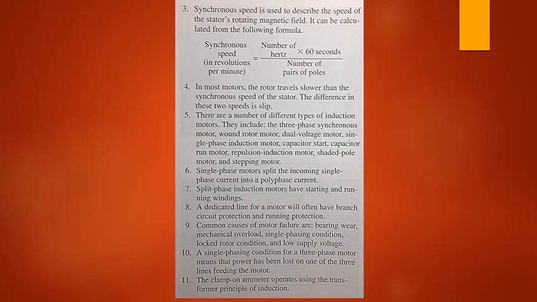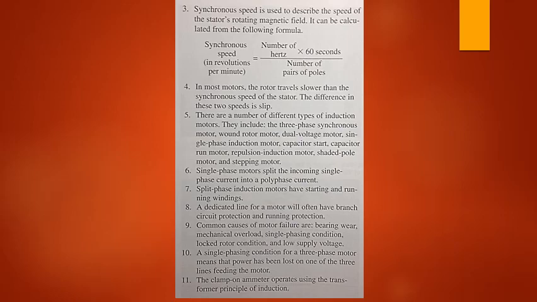It can be calculated from the following formula. Synchronous speed in revolutions per minute equals the number of hertz times 60 seconds divided by the number of pairs of poles. Number 4, in most motors, the rotor travels slower than the synchronous speed of the stator. The difference in these two speeds is slip.